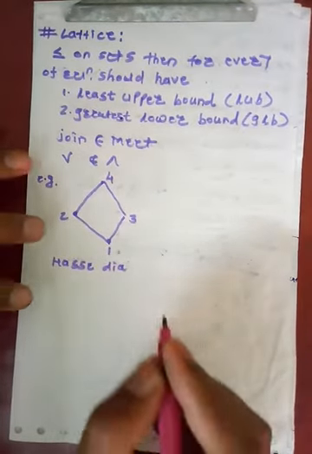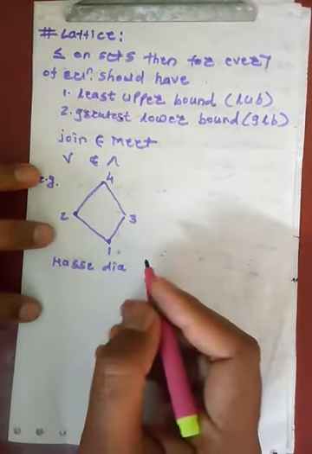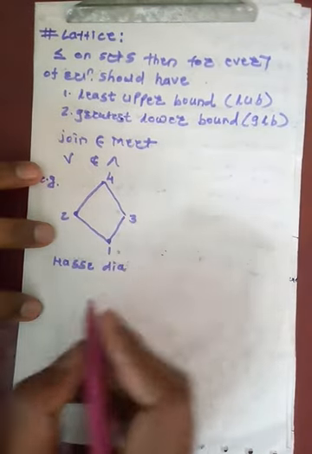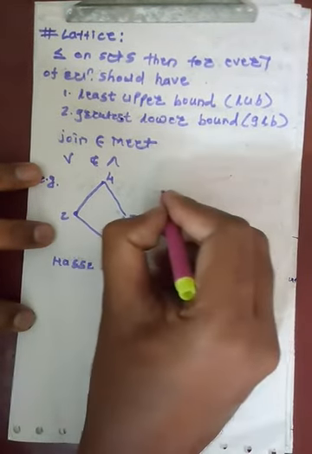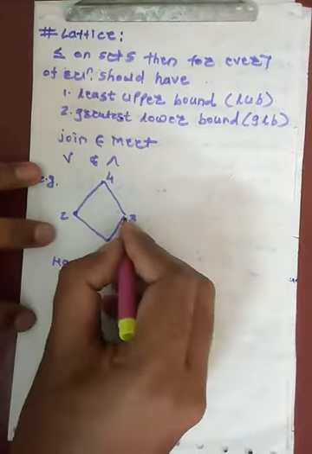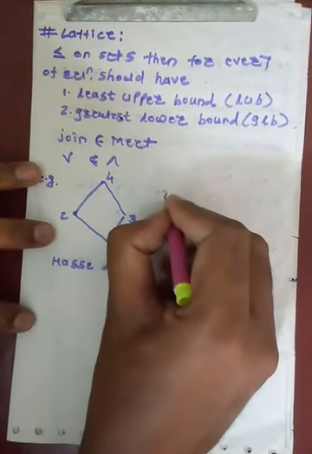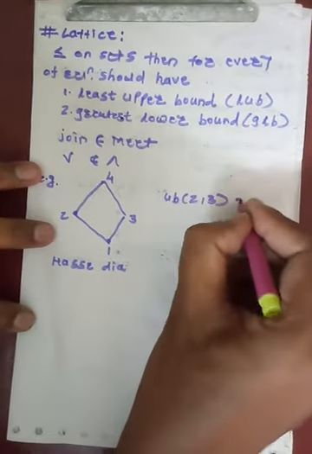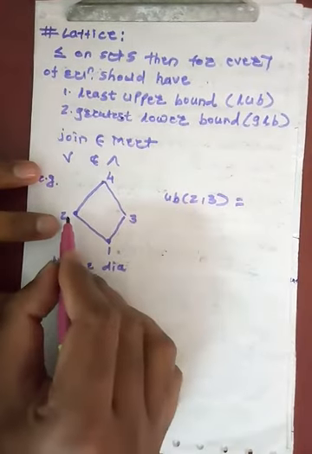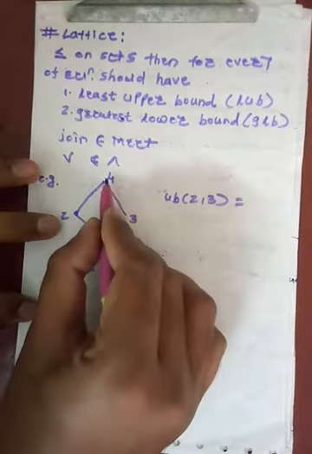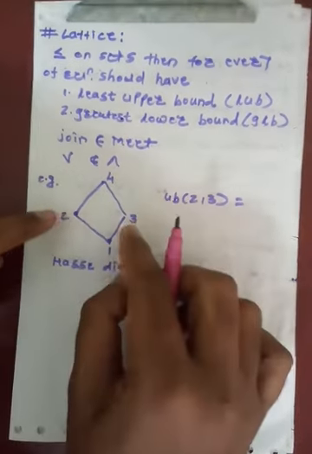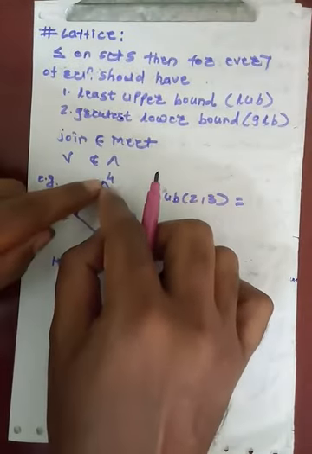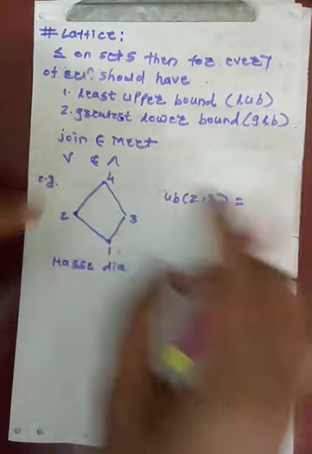Consider any pair, for example 2, 3. The upper bound for 2, 3 is 4, that is, 2 and 3 will join at 4.